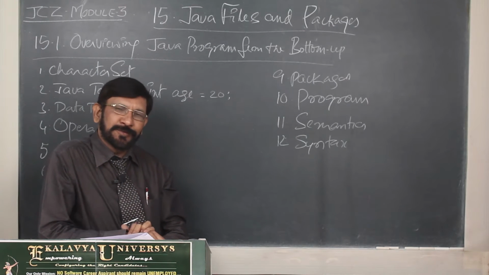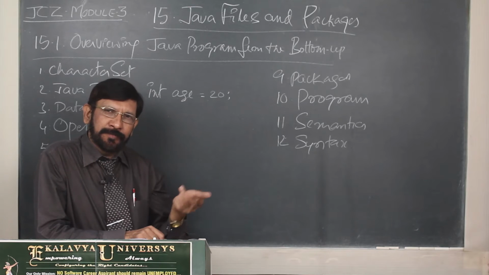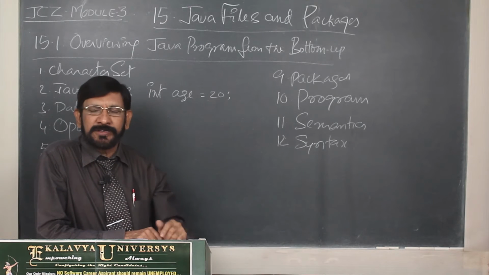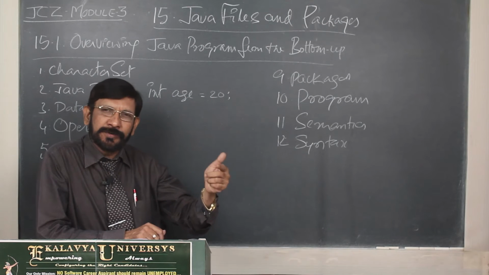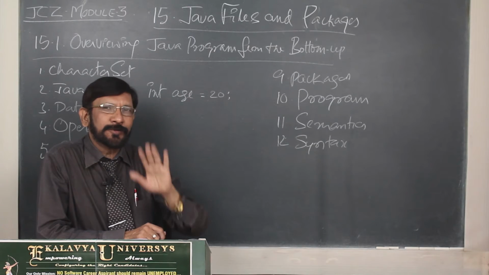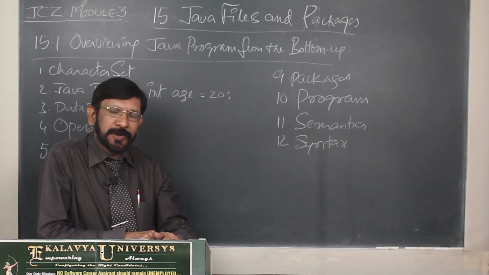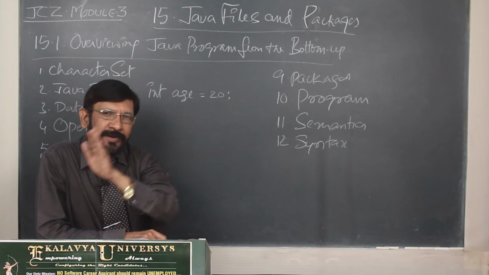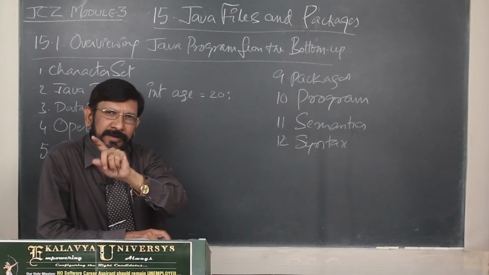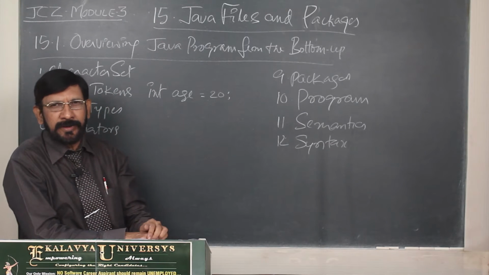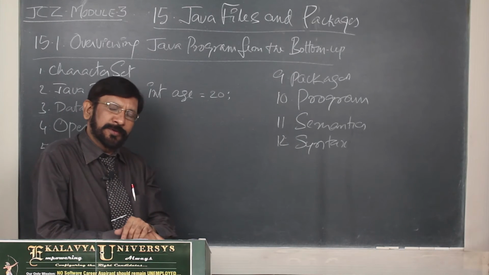So how is it a blueprint? Int, you know that. It represents whole numbers: positive, negative and 0. Number 2, it has a certain range, which differs from language to language, and whatever value you use should be subject to that range only.